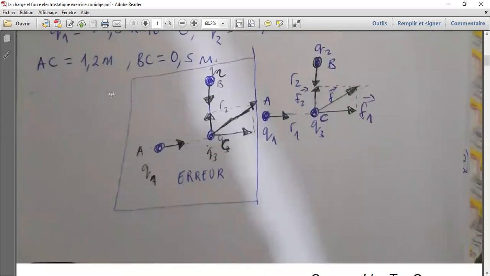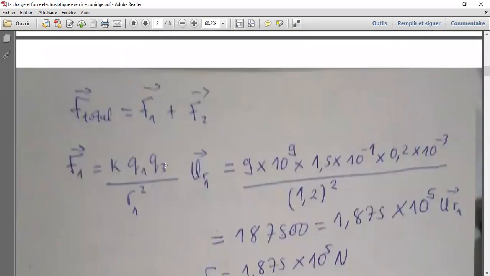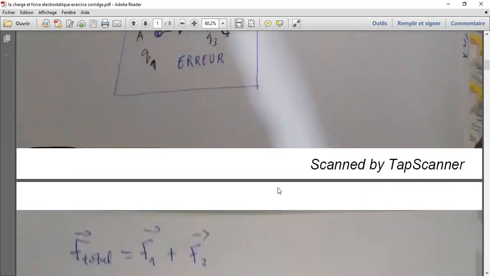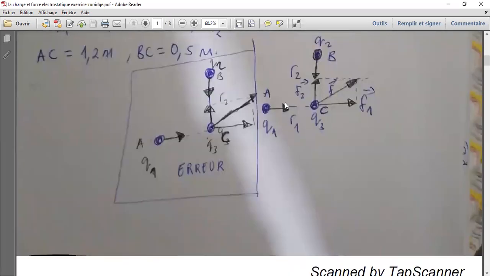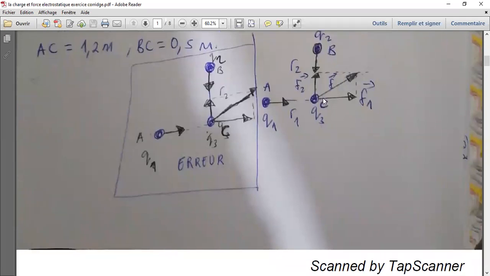R1 squared. So here, just replace. If you remember your notes, we said that your constant can be either 1/4 pi epsilon, or 9 times 10 to the power 9, which you are going to use here. 9 times 10 to the power 9, times 1.5, which is your Q1, times 10 to the negative 1, times 0.2, which is your Q3, times 10 to the negative 3, divided by 1.2, which is the distance between Q1 and Q3, which is AC.